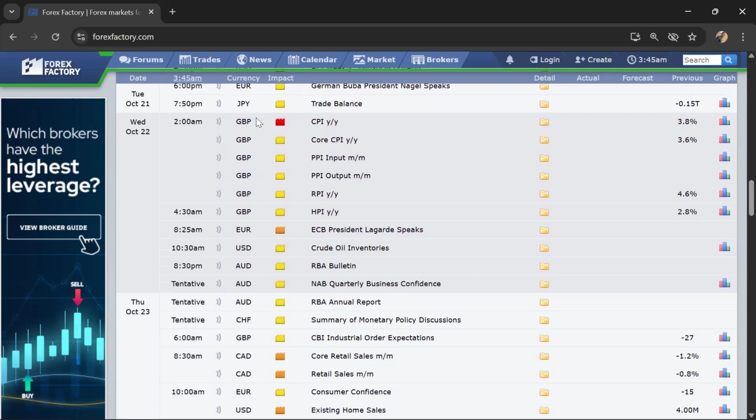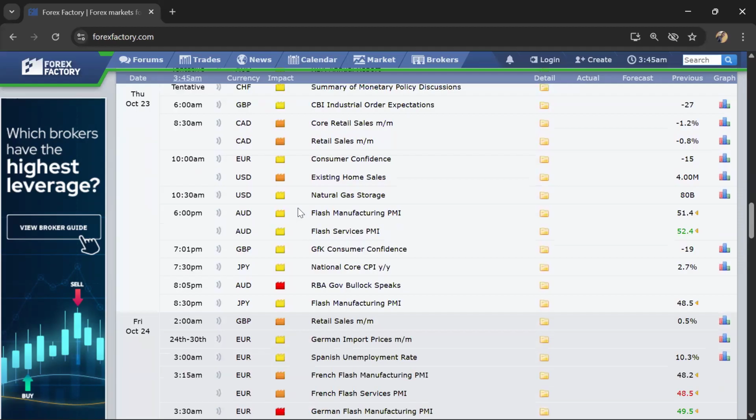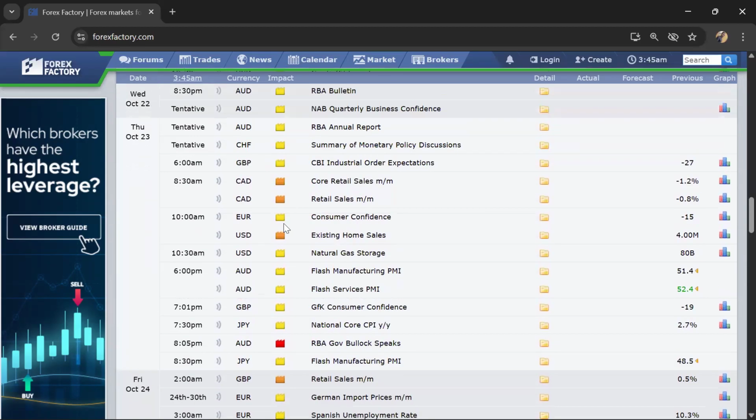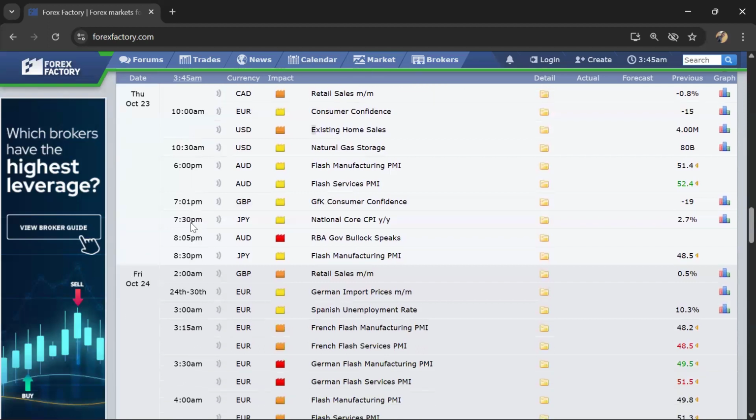Even Wednesday, we're having the GBP CPI within the Asian session, wait for the news, which will be very good looking opportunities. On Thursday, we're having the USD orange event as well in the New York session.